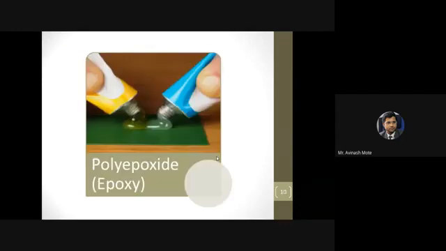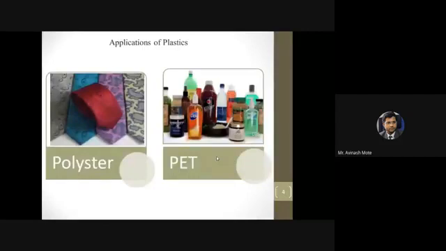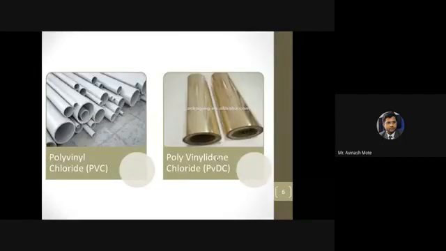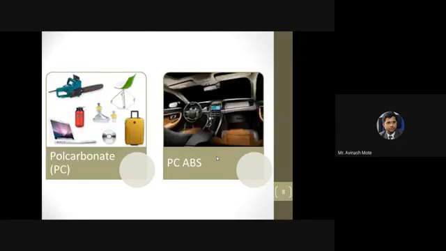So for today, what we have seen are the applications: polyester, PET, polyethylene, HDPE, PVC pipes, PVDC for food packaging, polyamides, ABS plastic for electronic components and toys, polycarbonates like discs, suitcases, and some electronic components.